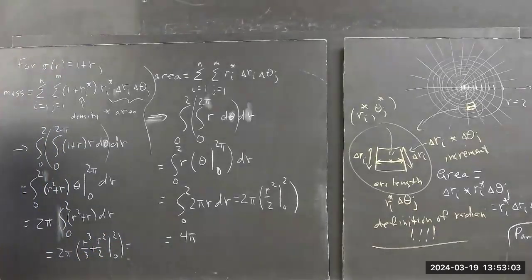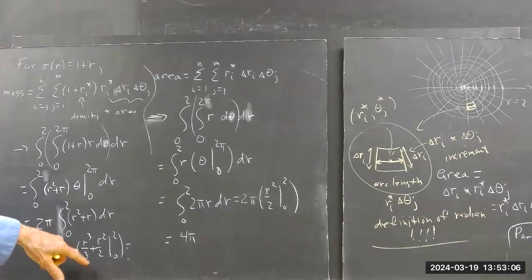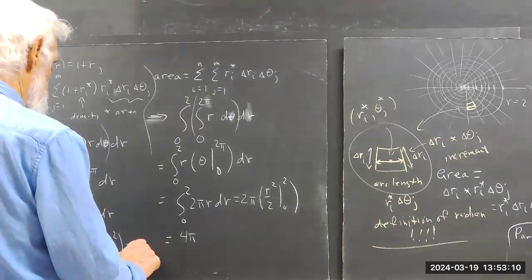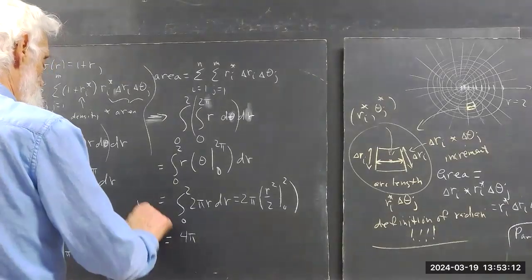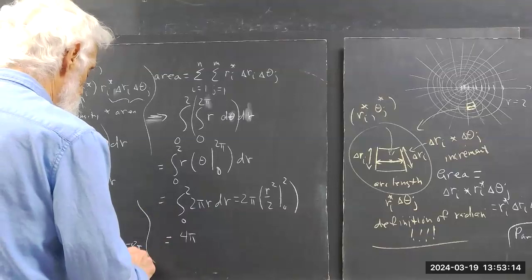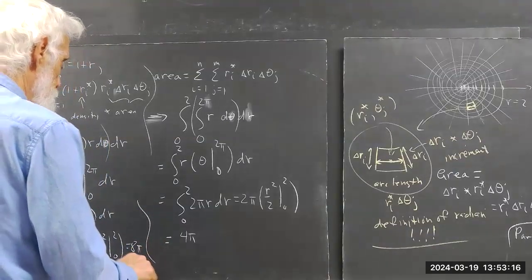And that's going to be what? 8/3 plus 4/3, which is 12/3, which is 4. And I think that comes out 8 pi. Little question mark on that because I did it kind of fast.